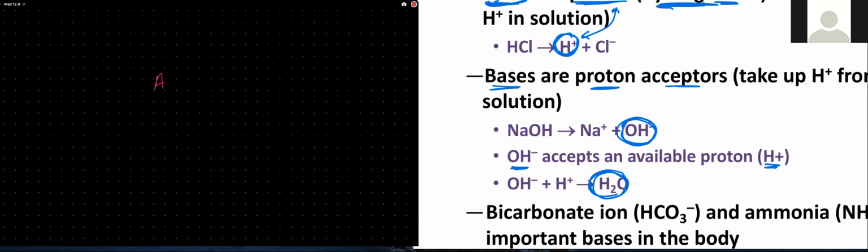An acid is a proton donor. So when it dissociates, it's going to be forming a hydrogen ion. What's a base? A base is a proton acceptor. What I mean by this is that when it dissociates in water, it forms a hydroxyl group, which has the ability to accept the proton to form water.